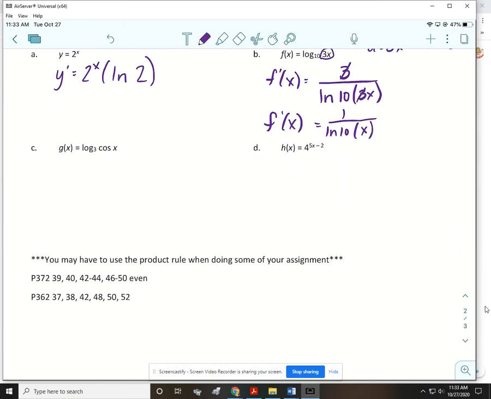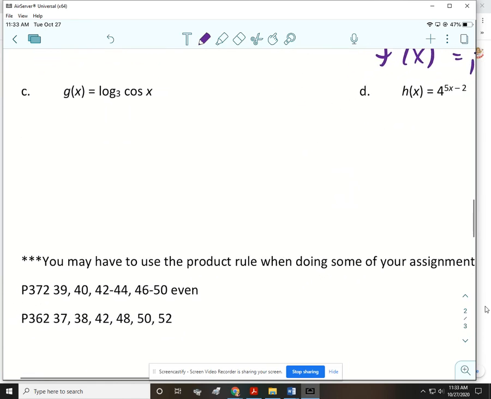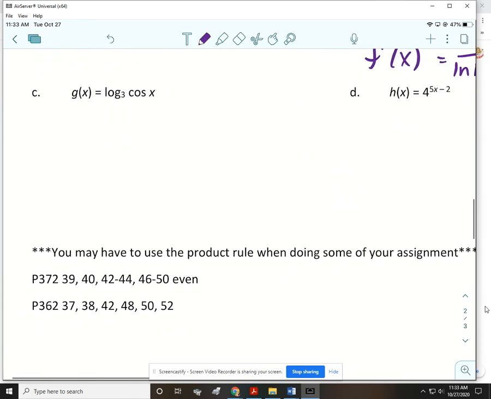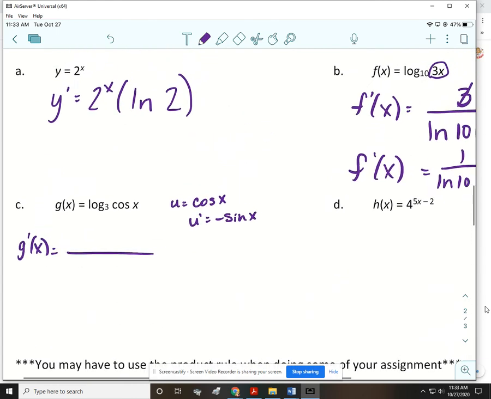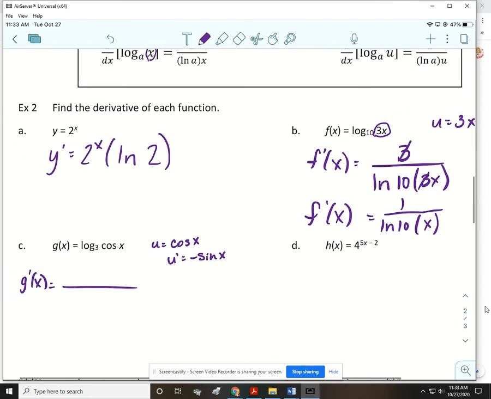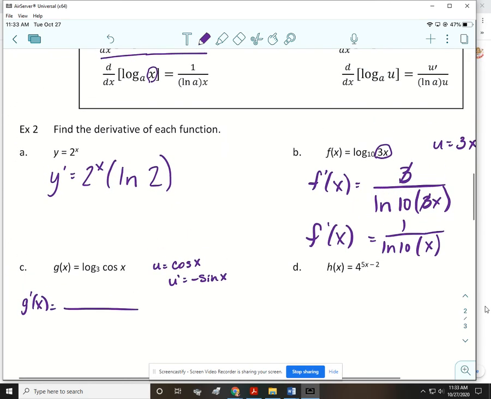Okay, so for c, we have g of x equals log base 3 of cosine of x. So in this case, u is cosine of x. U prime is negative sine of x. Okay, so g prime of x, right, we'll use our rule where the numerator needs to be what we got for u prime.